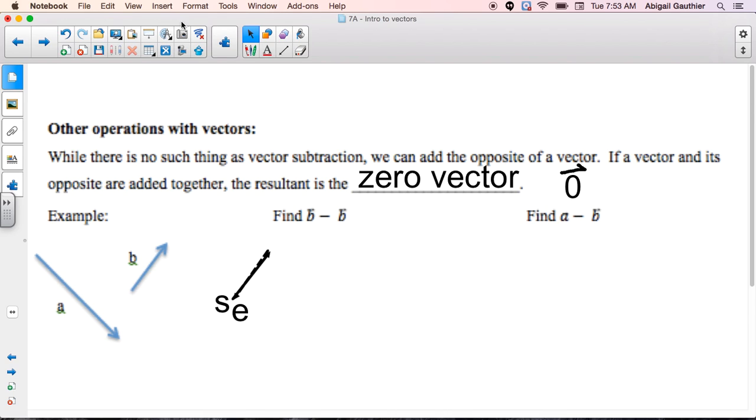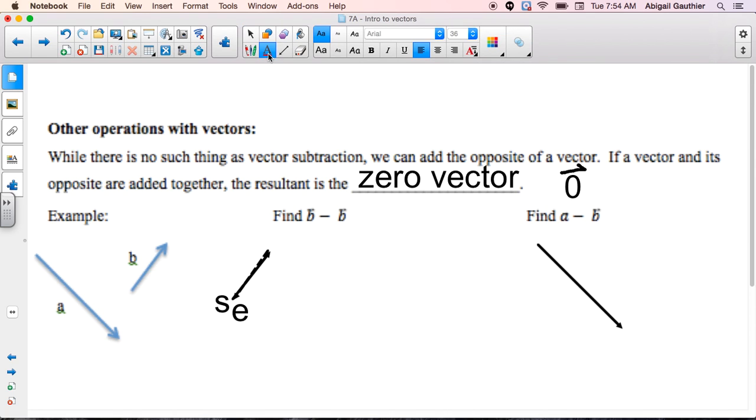A minus b would say, okay, well now we're going to travel vector a, which we got right here. So that's vector a, and then we're basically adding negative b. So it really means vector a plus negative b, so the opposite of vector b.